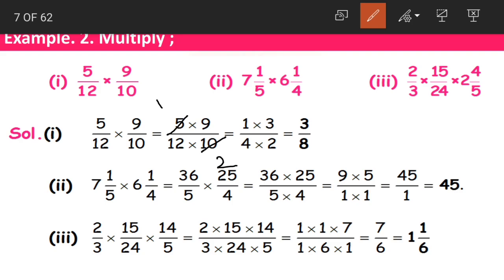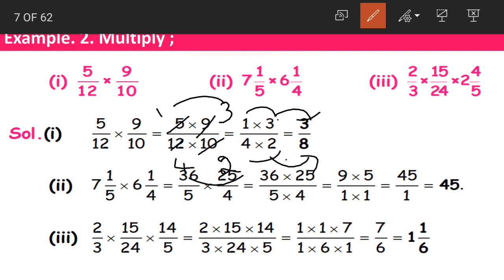It should be the same number, students. I cannot go 5 1s are 5 and 2 5s are 10 here. I should cancel both the terms with the same number. Now here 3 3s are 9, 3 4s are 12. So we have 1 into 3 in the numerator, 4 into 2 in the denominator. 1 3 is 3 and 4 2s are 8.